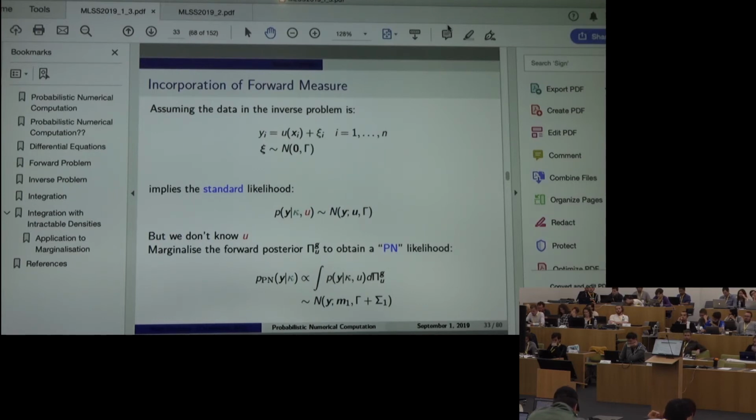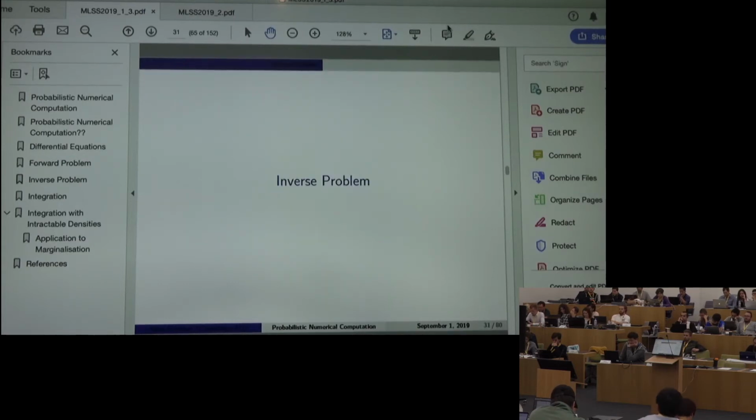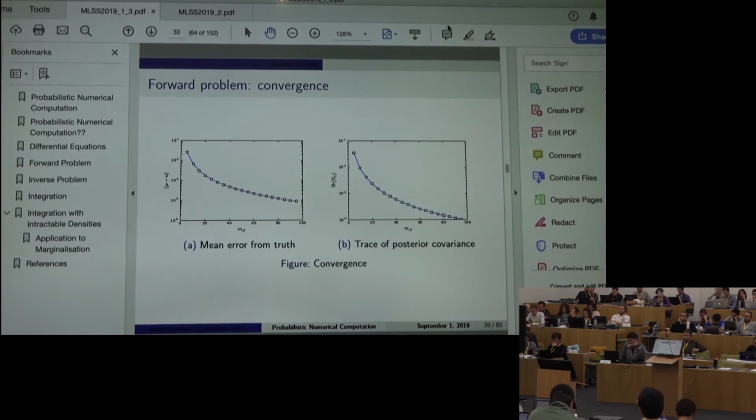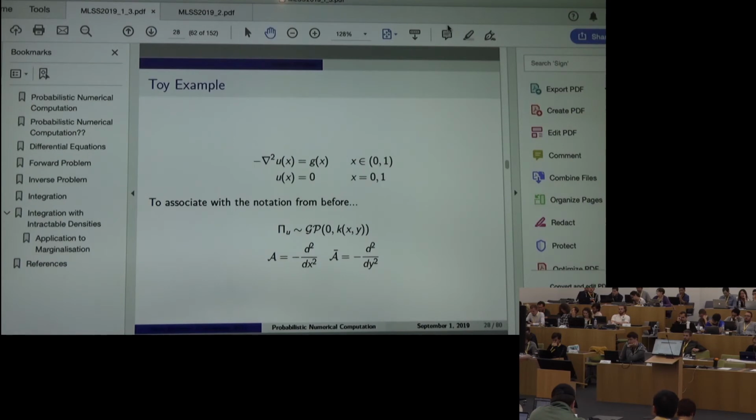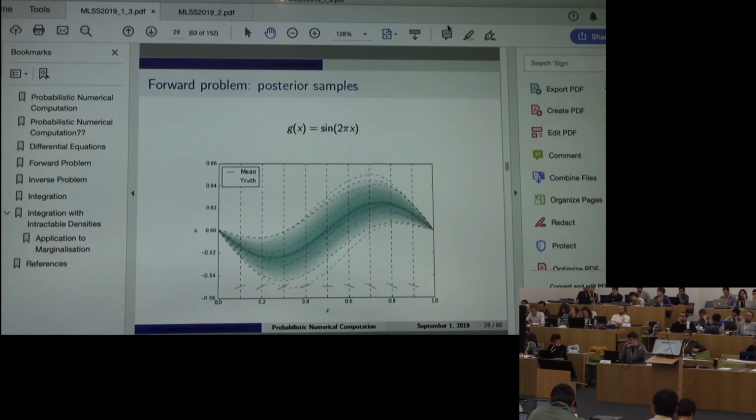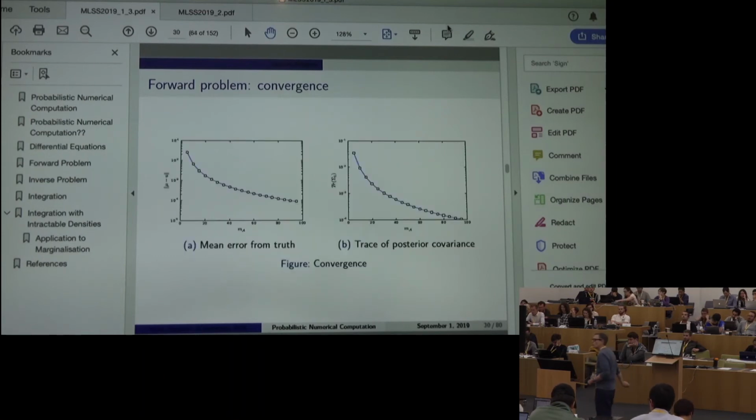In the probabilistic case, the noise is coming from the error in the data plus the probabilistic representation of the error in the forward problem. So there are two sources.